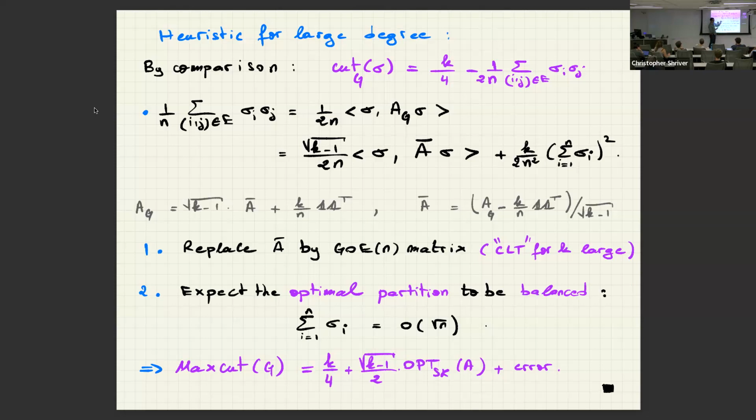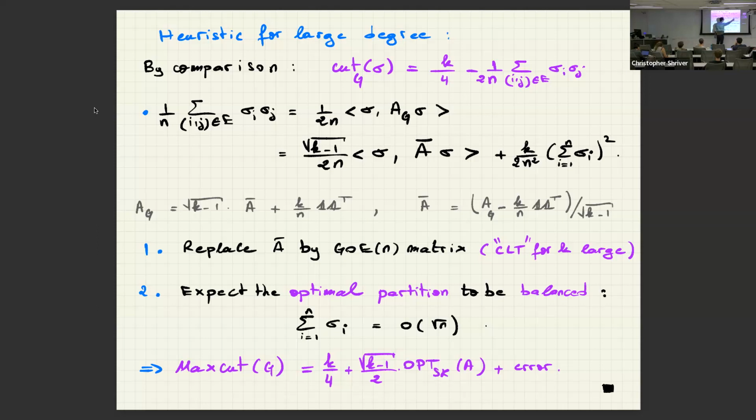And then by the central limit theorem, if you believe the central limit theorem, when K is large, I can replace this A bar by a GOE matrix. Now I get this term for min bisection, I constrain this to be 0, so it goes away. But for max cut, we should expect that the optimal partition in a random regular graph should be balanced, which means that this sum should be of order little o of n.